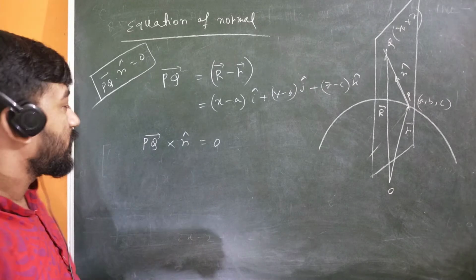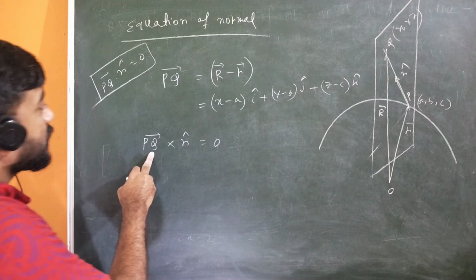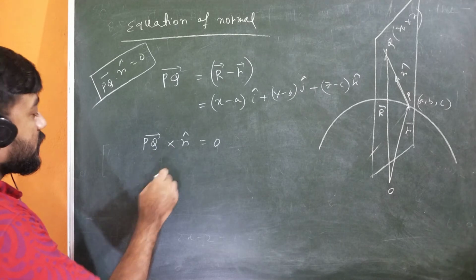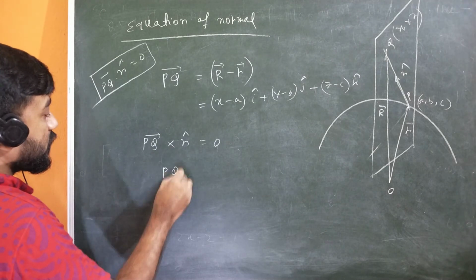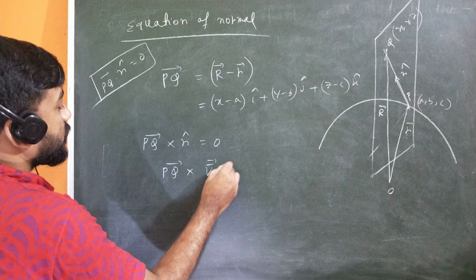So what you have to write here: this N cap can be written as grad phi, so it will be PQ cross grad phi is equal to 0.